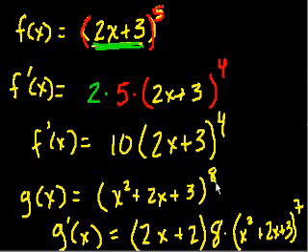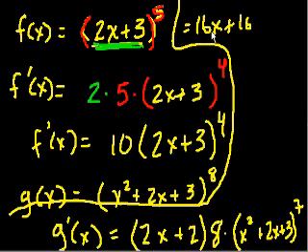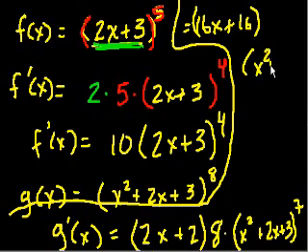To multiply this out is a huge pain, as you know. But we could simplify a little bit. We could say that that equals 8 times 2x, 16x plus 16, times x squared plus 2x plus 3 to the 7th power.